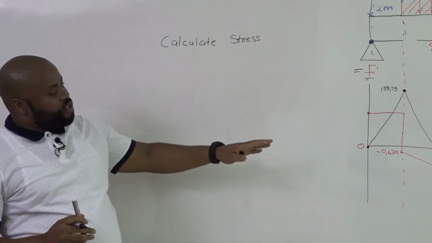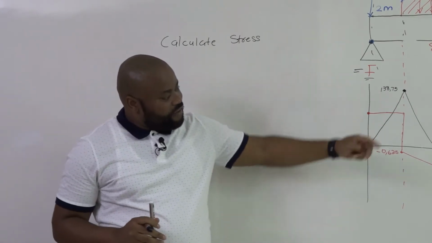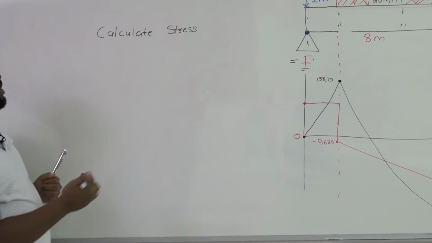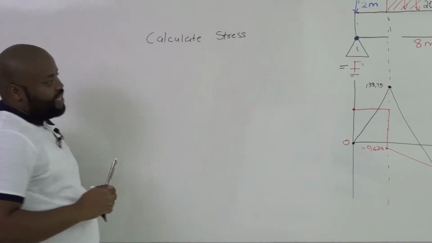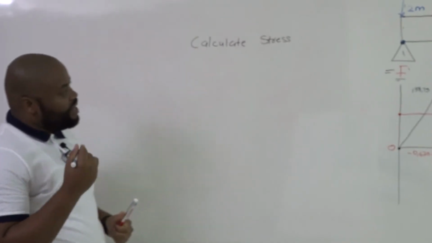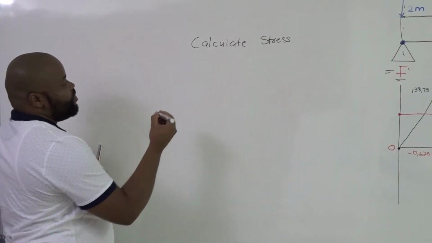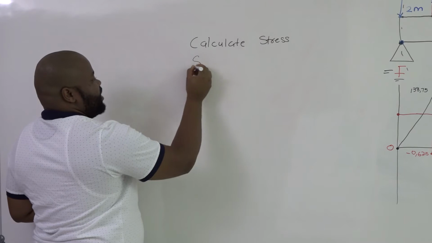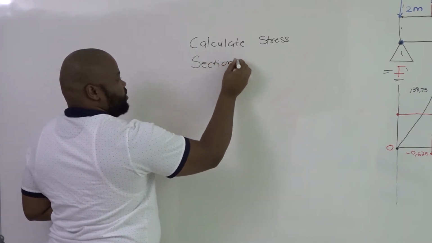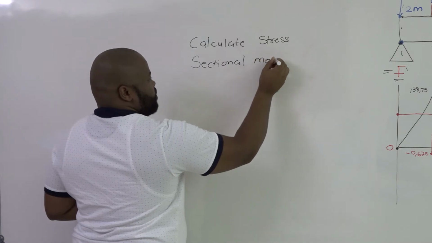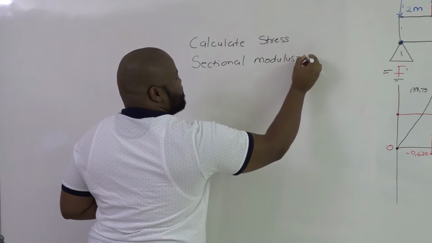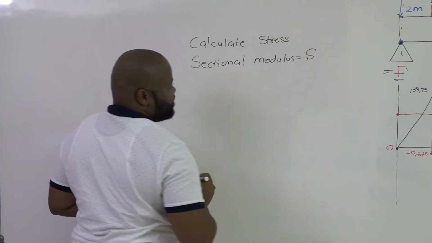After we have drawn the bending moment graph, there's a possibility that you might have a question that says calculate the stress that is experienced within the beam. Normally what they would do is that they will give you the value of the sectional modulus, of which it is represented by S.